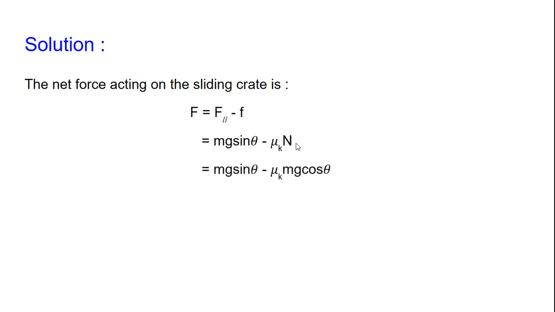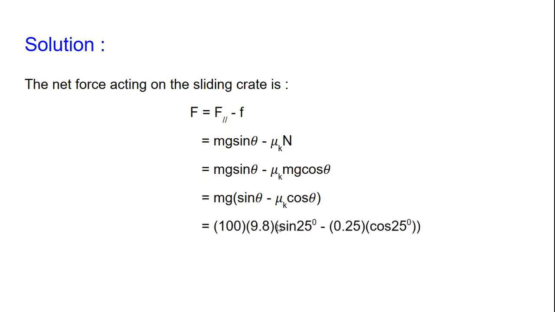And N is equal to the perpendicular component of the weight on the incline, which is mg cos theta. We have mg sine theta, we have mu k mg cos theta. We see that mg is common in both terms, so we factor that out. So mg into sine theta minus mu k cos theta.